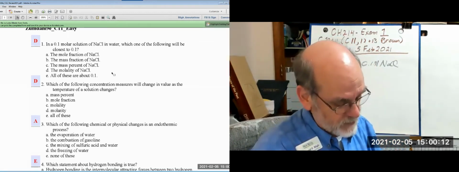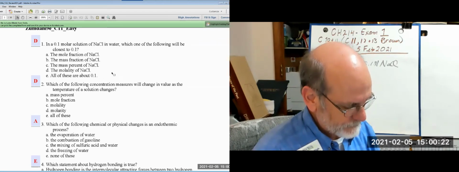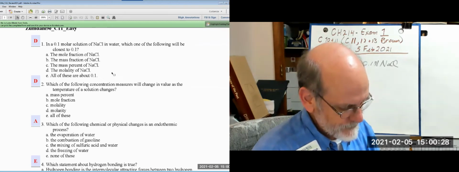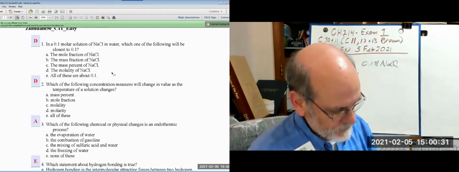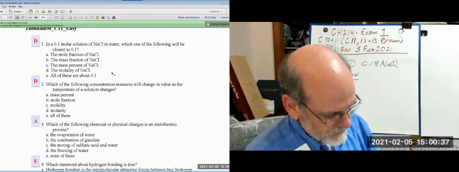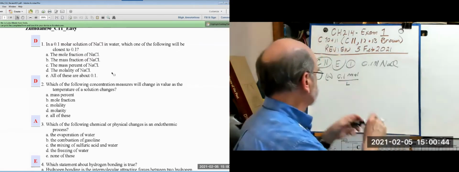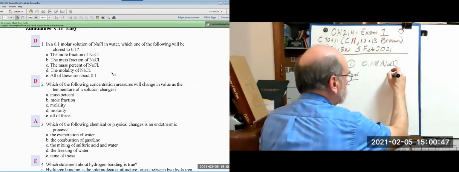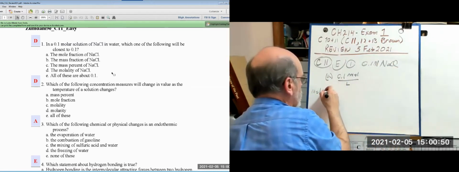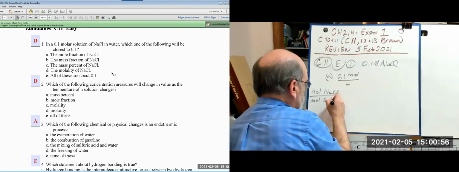In the interest of saving time. Mole fraction is moles of sodium chloride per total moles of solution.